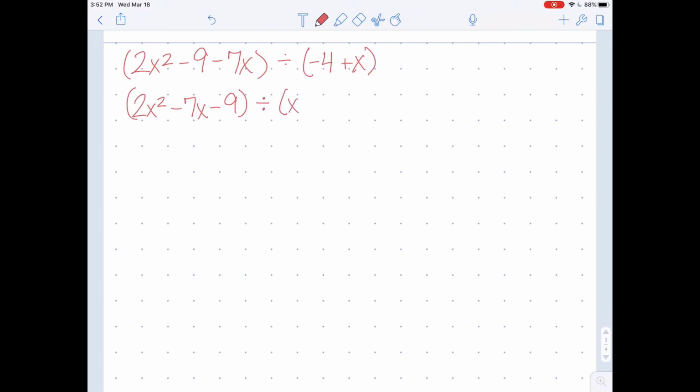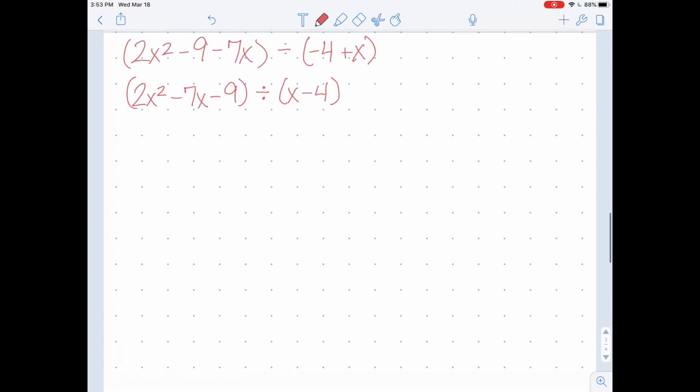So if I have 2x squared minus 7x minus 9 divided by negative 4 plus x. First things first, we need standard form. So 2x squared minus 7x minus 9 divided by x minus 4.